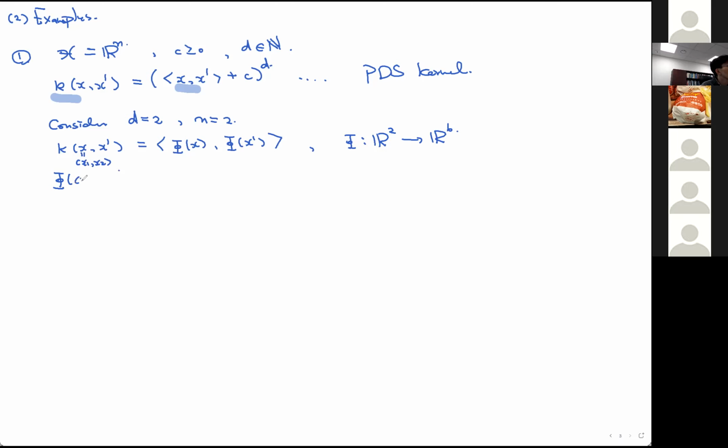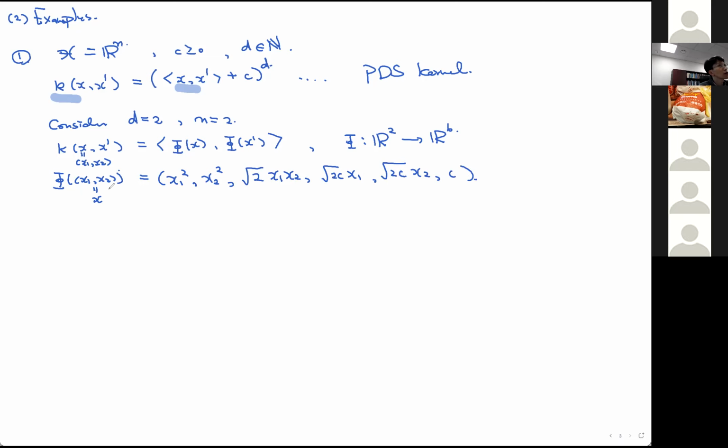So if we give x1, x2, then V(x) is obtained by taking x1 squared, x2 squared, square root of 2 x1 x2, square root of 2c x1, square root of 2c x2, and c.